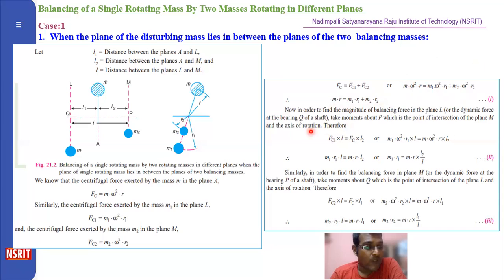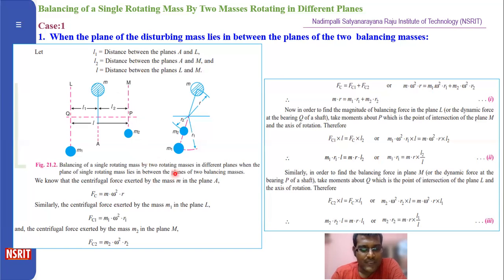Now, in order to find the magnitude of the balancing force in plane L, take moments about P, which is the point of intersection.